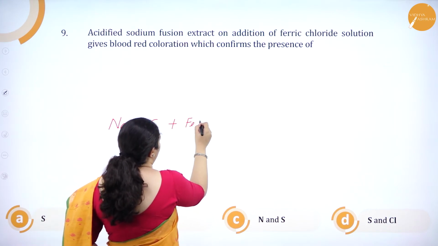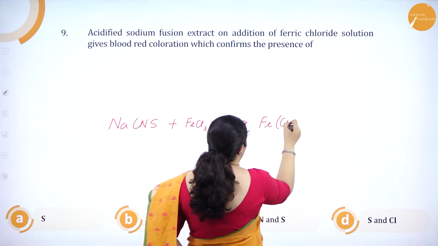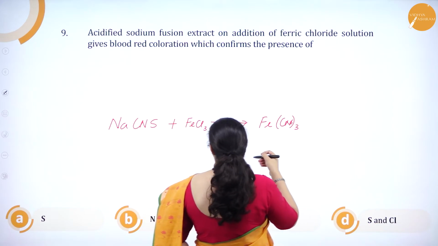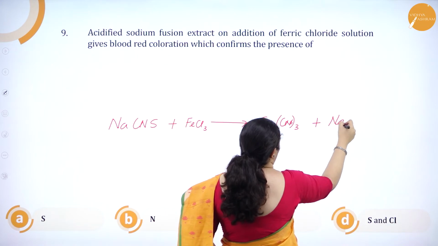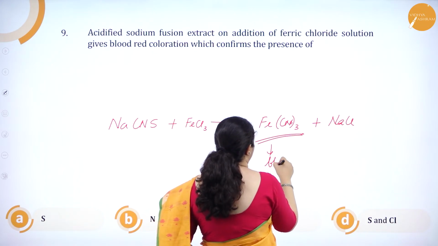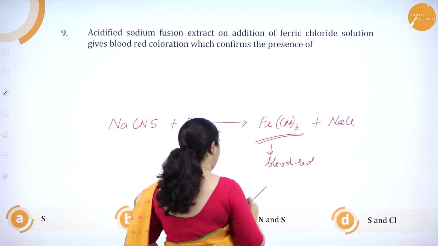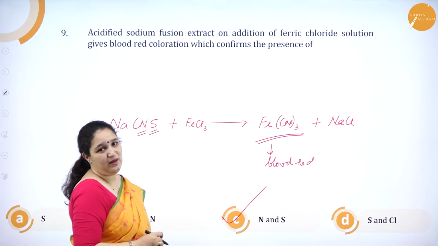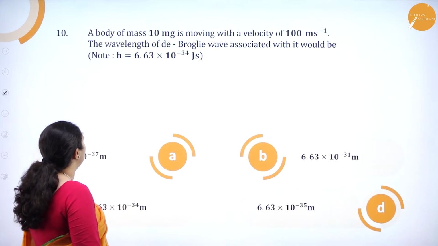When ferric chloride FeCl3 is added, we get Fe(CNS)3, that is ferric thiocyanate, plus NaCl. So this gives a blood red color. Okay, so it should have nitrogen as well as sulfur. So I hope you have understood this question. We'll go to the next one.